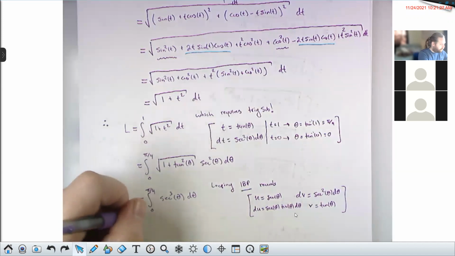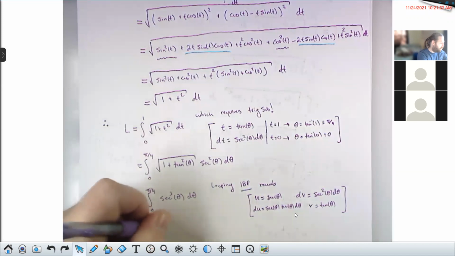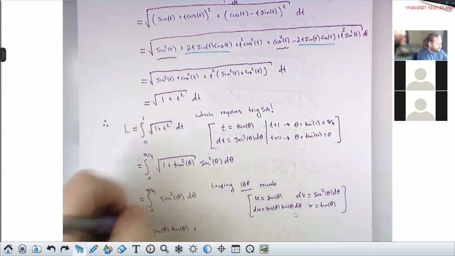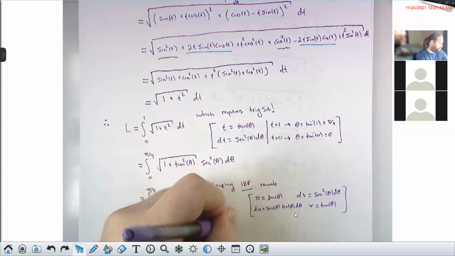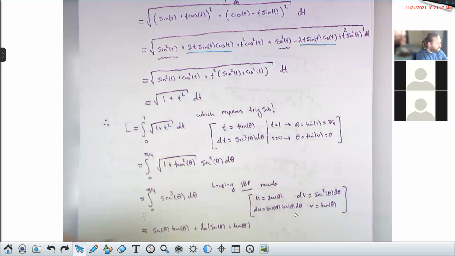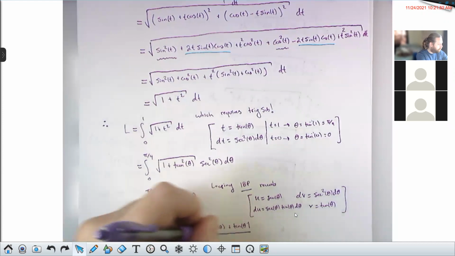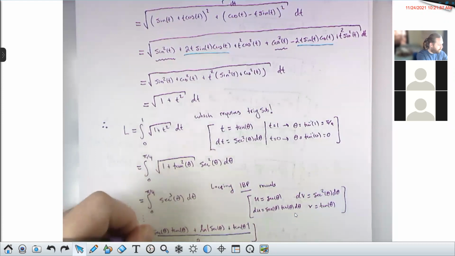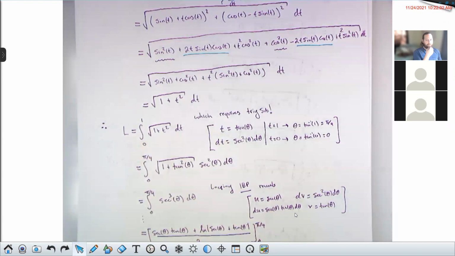I'm not going to go through all the details. What you get out is secant theta tangent theta plus the natural log of secant theta plus tangent theta, all over 2. And this is to be evaluated between bounds 0 and pi over 4.